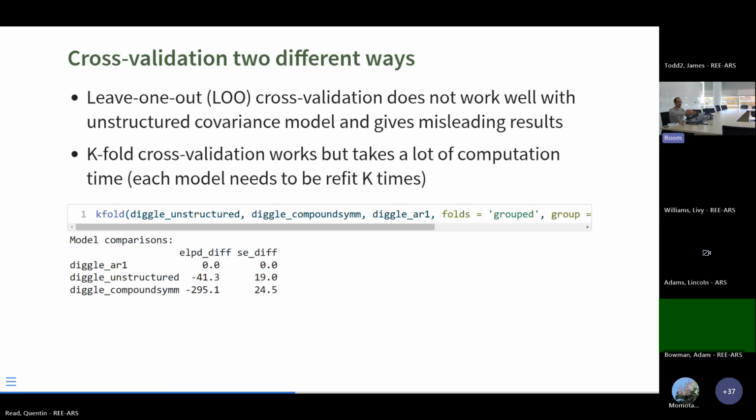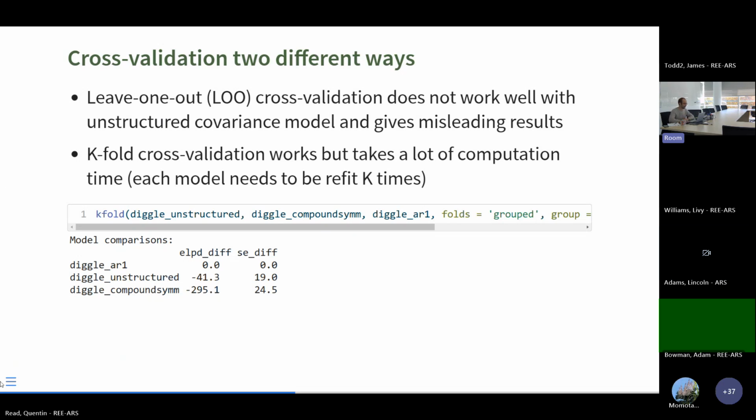Repeat that for the other 10% of the data until you've done it for all the data. And what you end up with is a measure of how well the model fits data that wasn't used to fit the model, how well it does on new data.